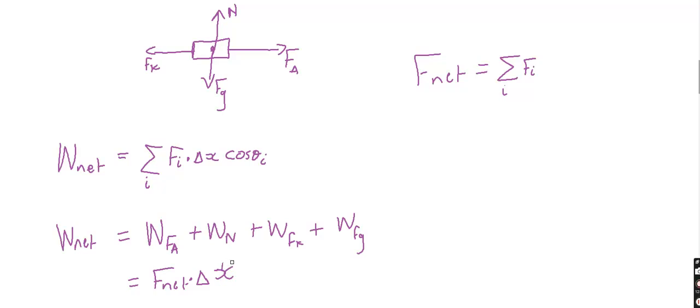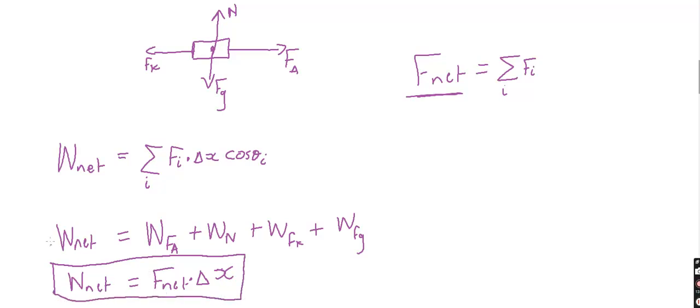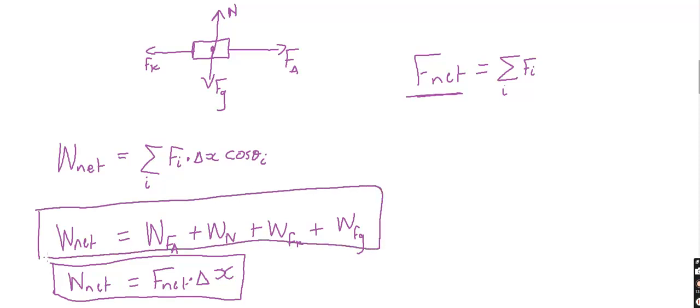You can still put a cos theta, but in this case, the theta will always be 0 if you've already resolved the net force correctly. If you resolve the net force correctly, then theta will always be 0, so cos theta will always be 1. Keep these formulae in mind, especially this one. This one is where it will work more, but you can freely resolve the work done by each force separately.